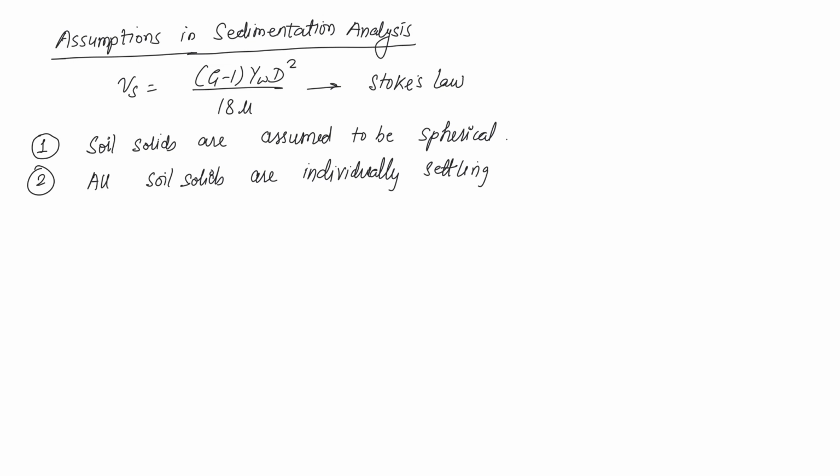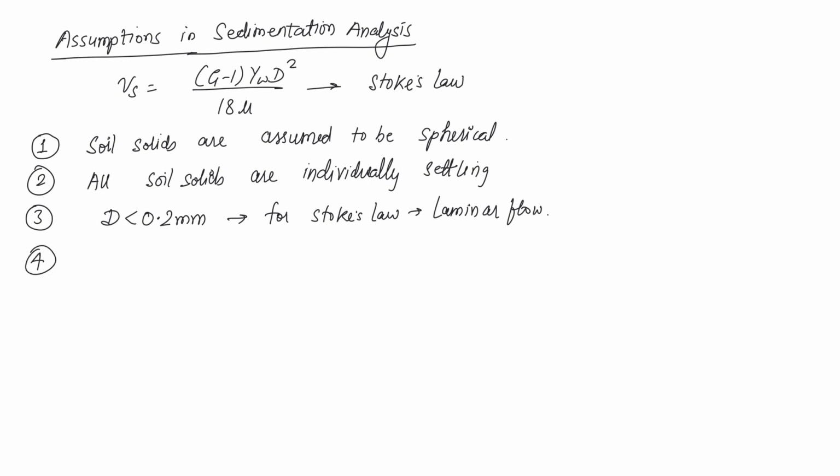Fine. Now after that, I am assuming that the size of solid, that is capital D, is less than 0.2 mm for Stokes' law to be applicable. And actually Stokes' law is applicable for laminar flow settling. So here we are assuming that the flow is laminar across the settling object.